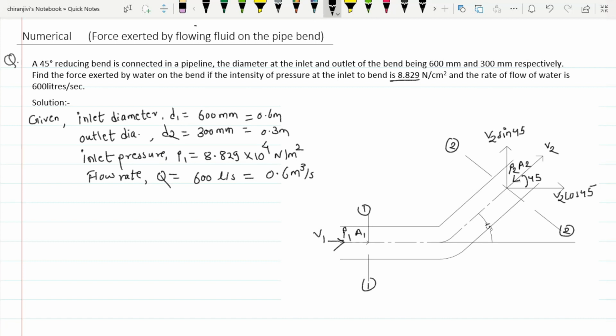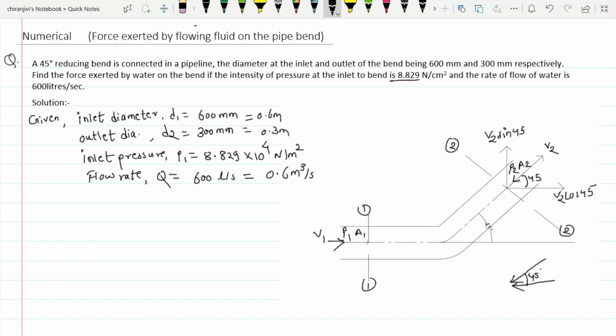Here we have to resolve this pressure force P2A2. This pressure force P2A2 is acting in this direction, so we can resolve in this horizontal direction. This is 45-degree.